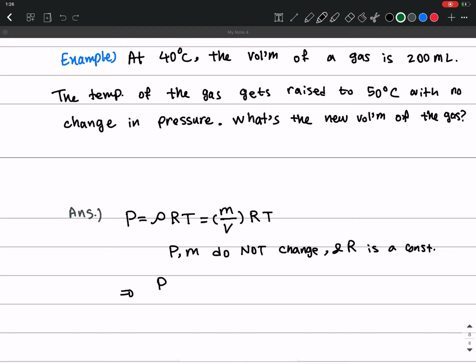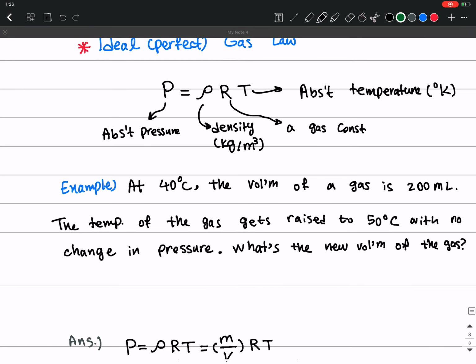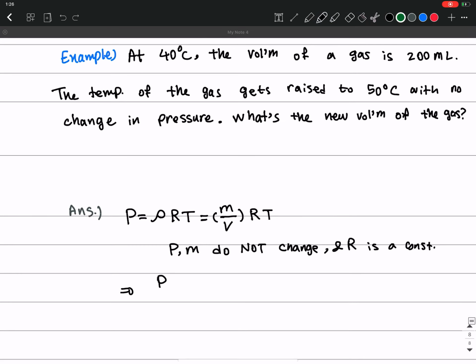So it's also a constant, and R is also constant because it's the gas constant in the ideal gas law formula. So I'm going to take all the constants to one side: P over M times R is going to be constant, which based on this formula is T over V, correct? Temperature over volume, just a substitution.